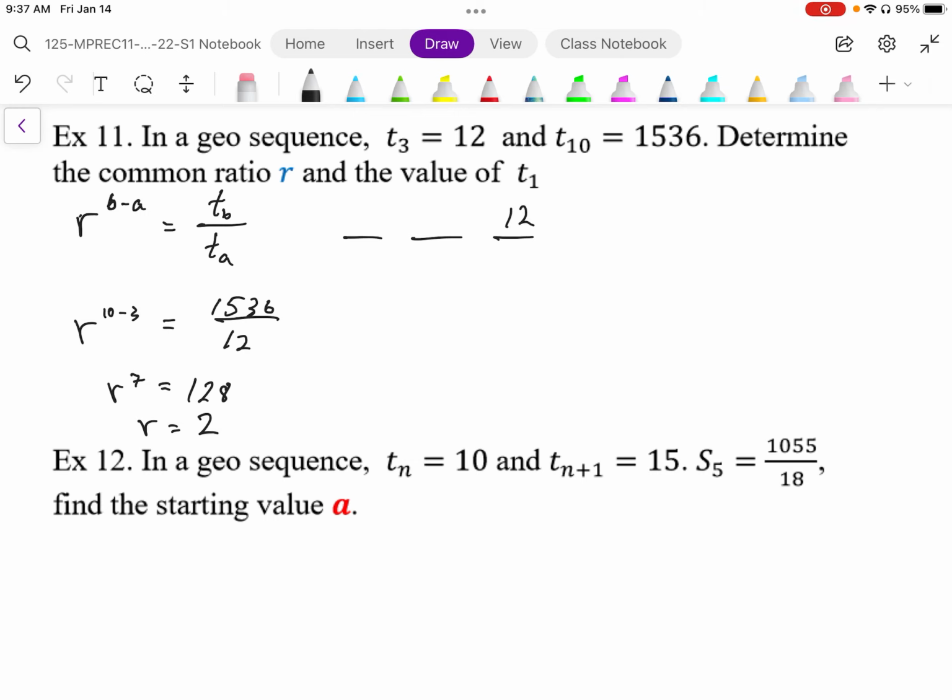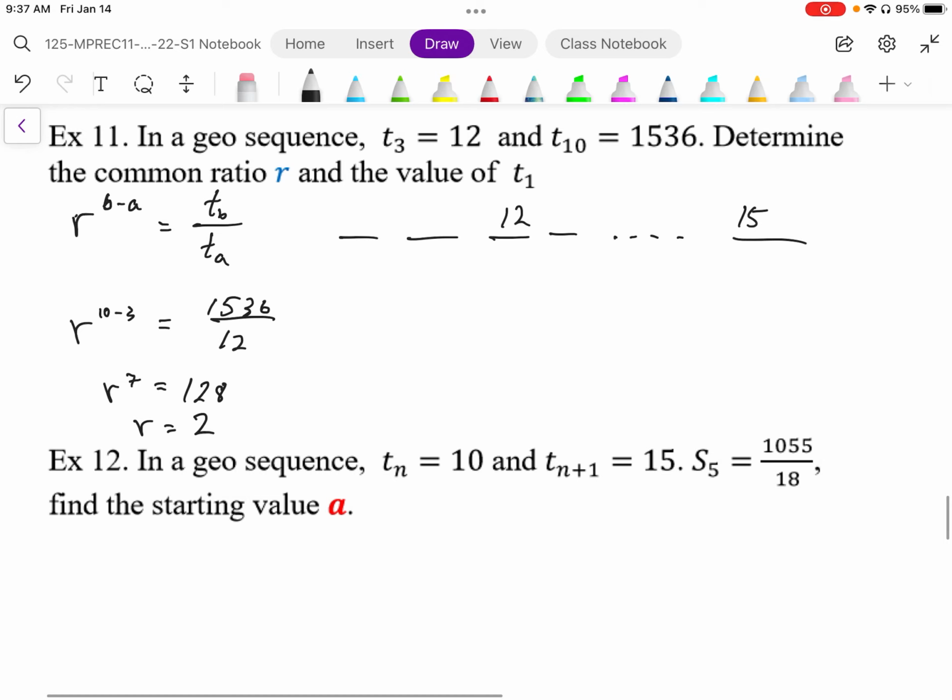There's my third term, dot, dot, dot, and then this is going to be my 10th term. So that's T10, T3, and I want T1. So I can just go backwards, divide by 2, divide by 2, and I get my answer. T1 is equal to 3.